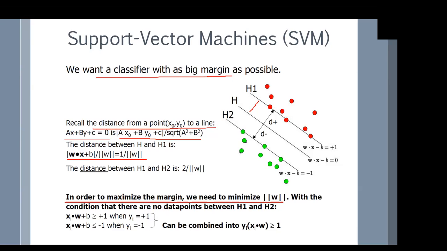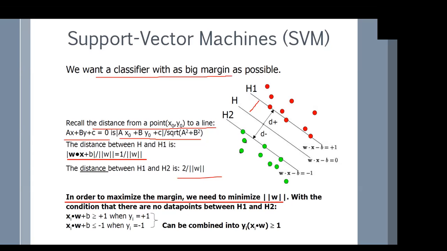Since negative margin and positive margin should be equal, I should take double, 2 divided by the norm of the vector w. So that is the function I'm going to maximize.